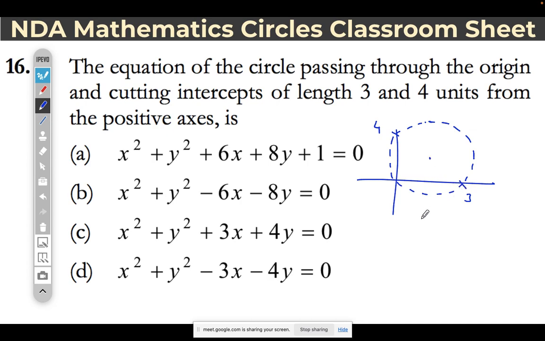Center will be 3 by 2 comma 4 by 2. Where is 3 by 2 comma 4 by 2? Negative, positive. There is a saying, the devil lies in the details, and that's very true. Clear?